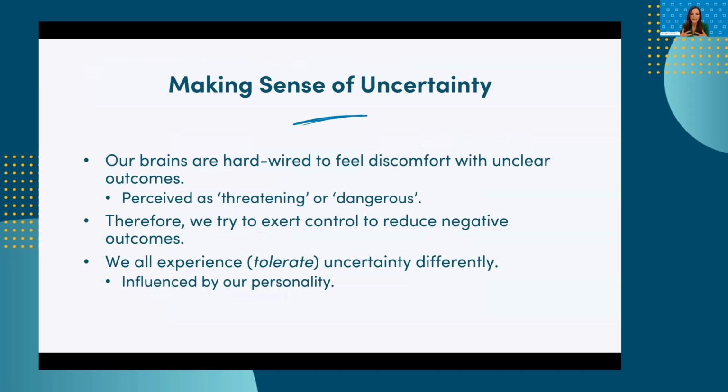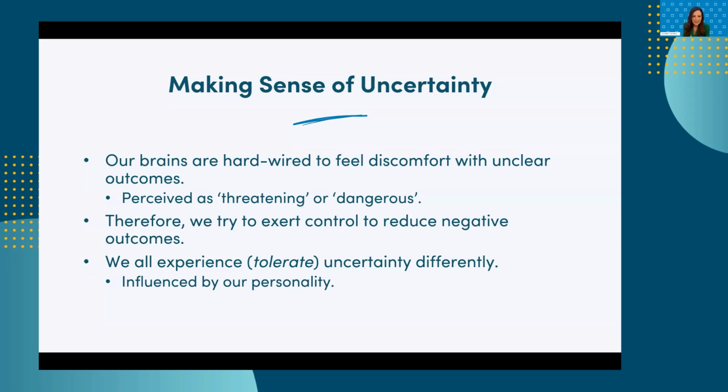I can plan and I can put in appropriate resources to confront what's in front of me, which hopefully reduces those negative outcomes. But when we don't know what's around the corner because our body is just, well, a little unpredictable, it can be perceived as threatening. It's dangerous. It doesn't feel good. So we're going to try and put into place control wherever we can.